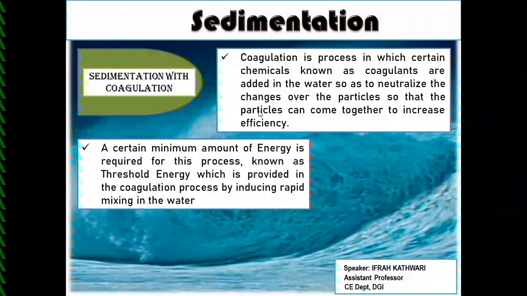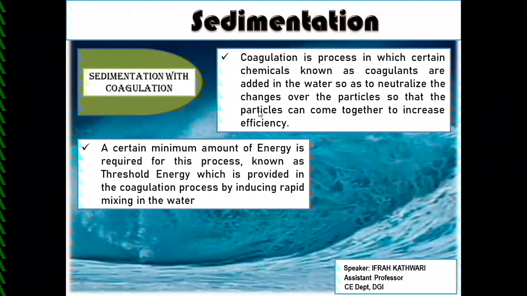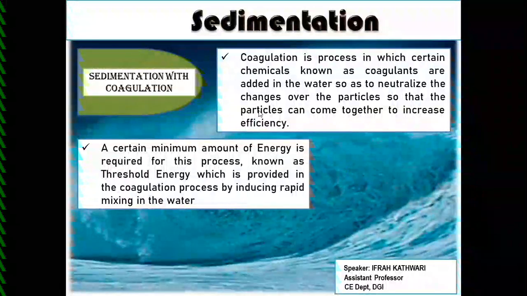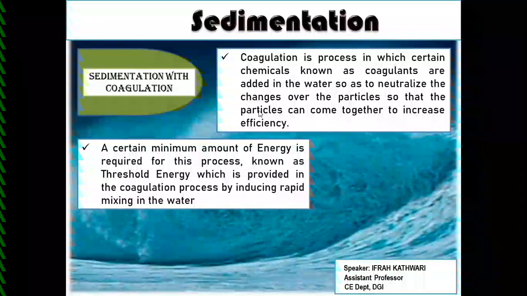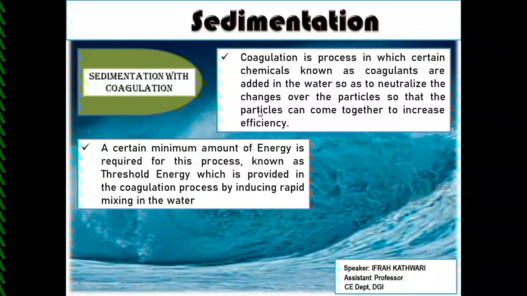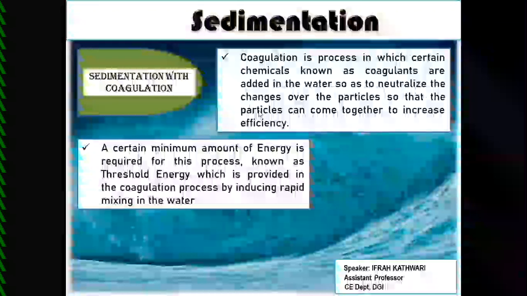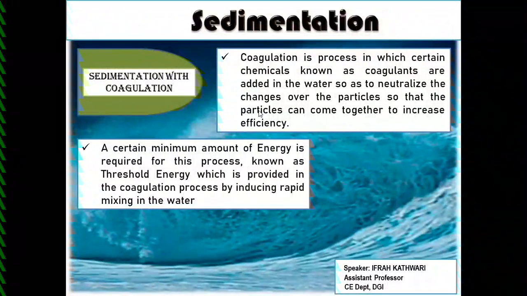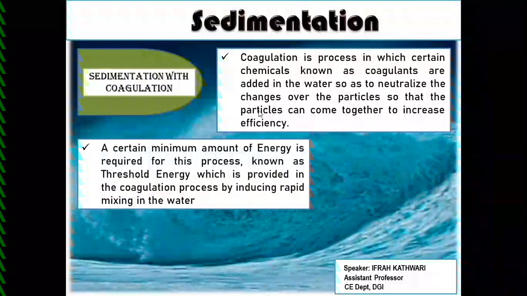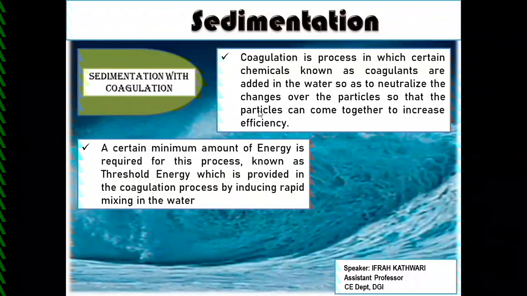In that case, plain sedimentation is not recommended. They may pass on to the filtration process also if we don't treat the suspended particles or the finer particles that don't settle down too easily.